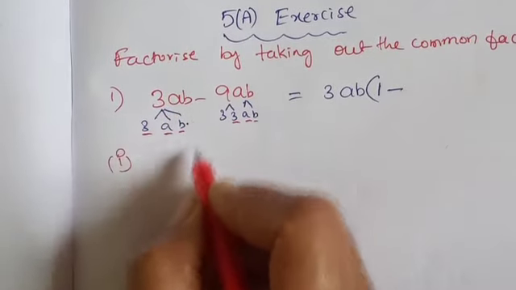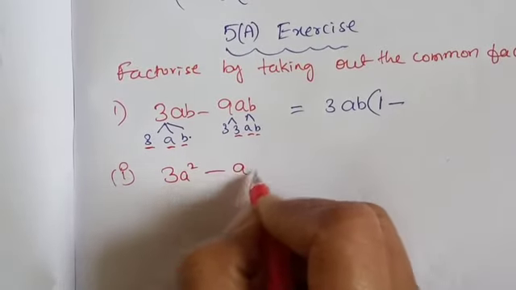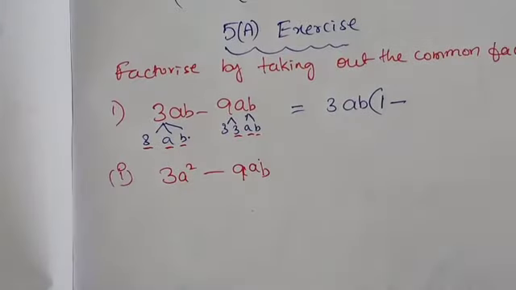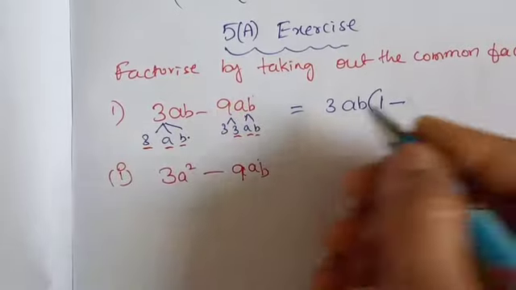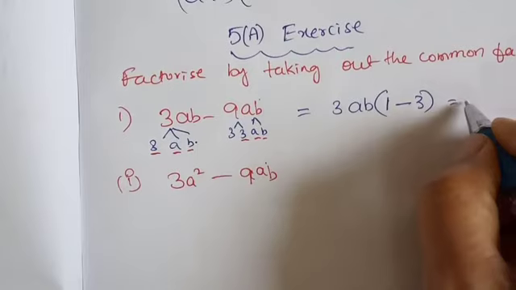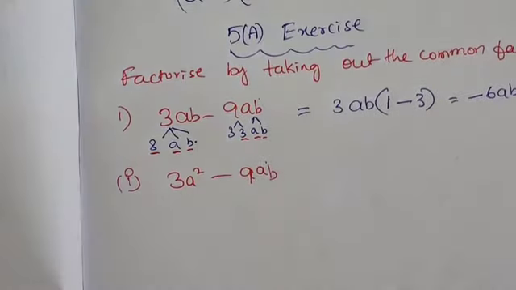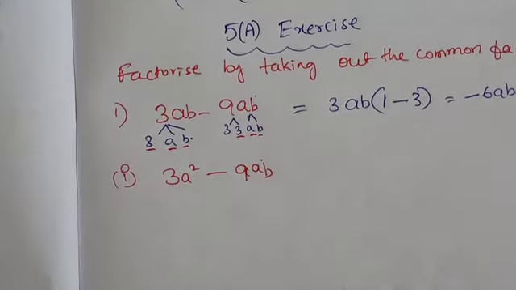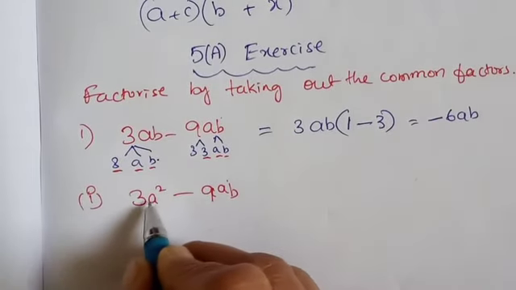It should be 3a square minus 9ab. See here what you'll get. Anyhow, we will complete this. At least a or b should be there. Otherwise, you'll get here minus 3, that is nothing but 6ab. We can subtract directly, no need of taking common also. This is not a factorization question.